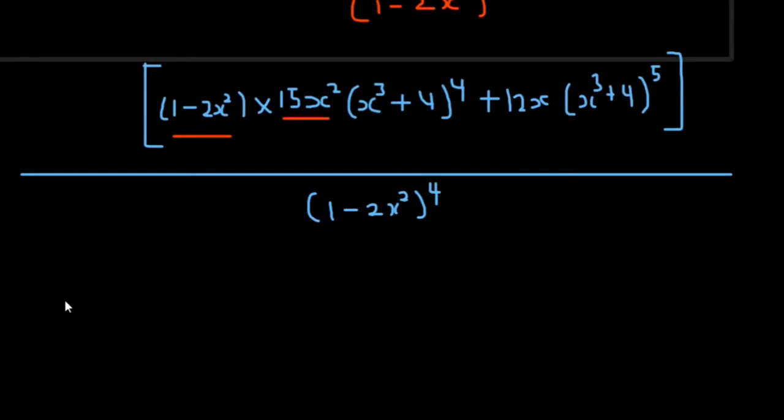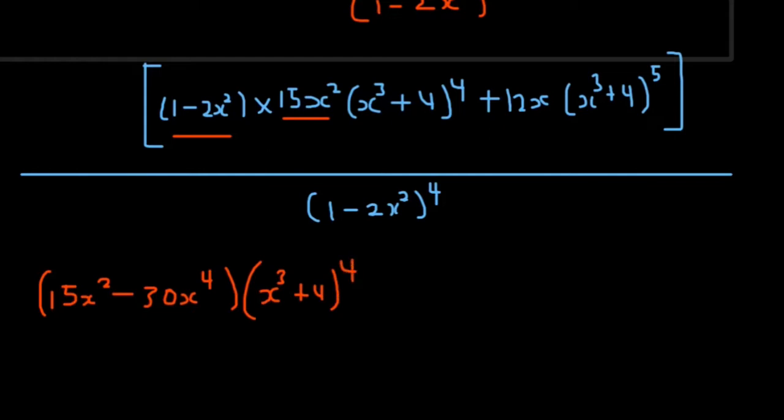So I have 15x to the power 2, minus 30x to the power 4, and then you write what is remaining: (x to the power 3 plus 4) all to the power 4.